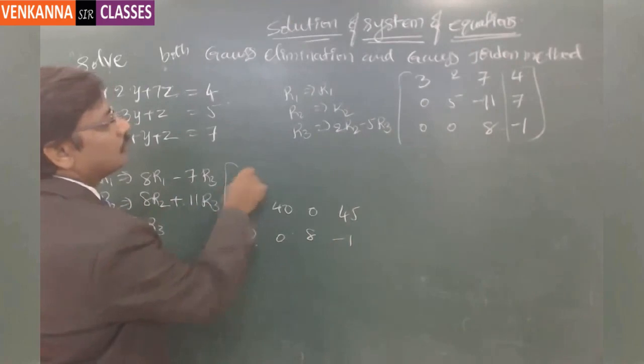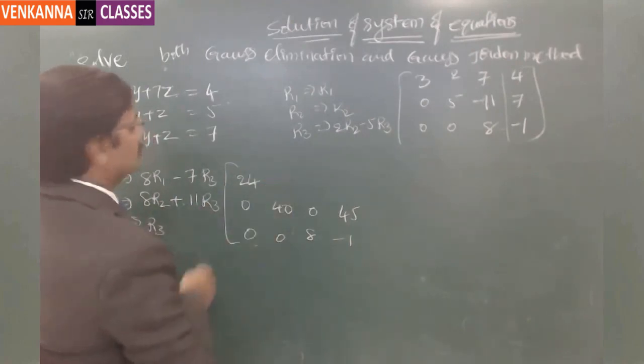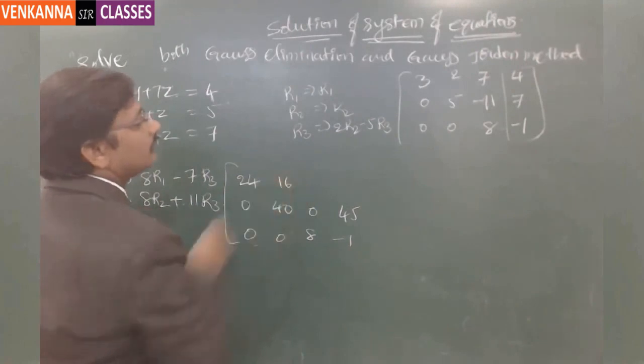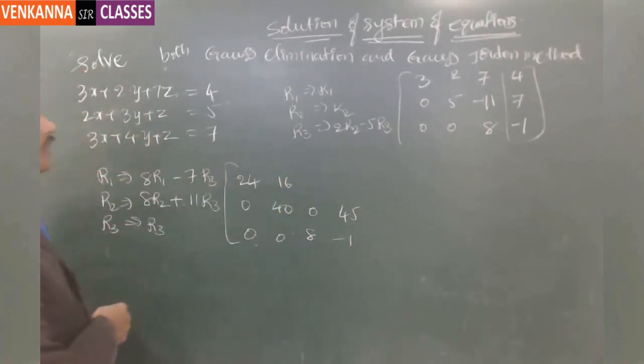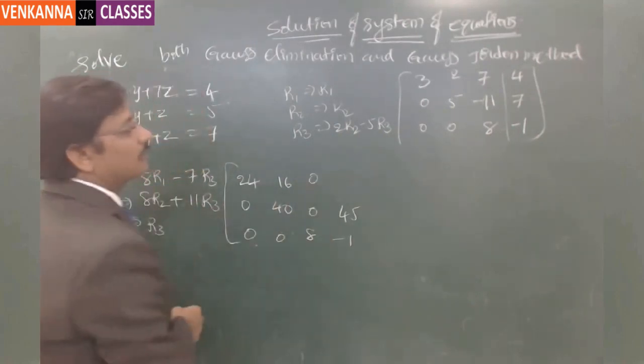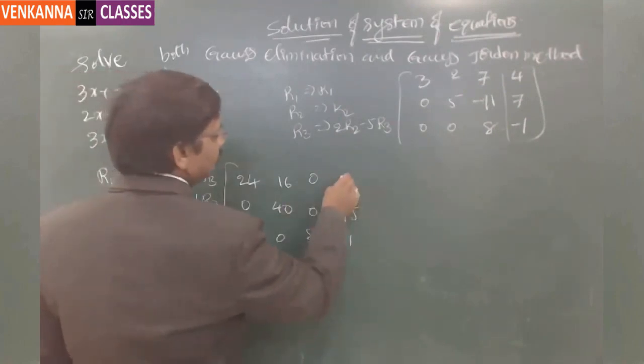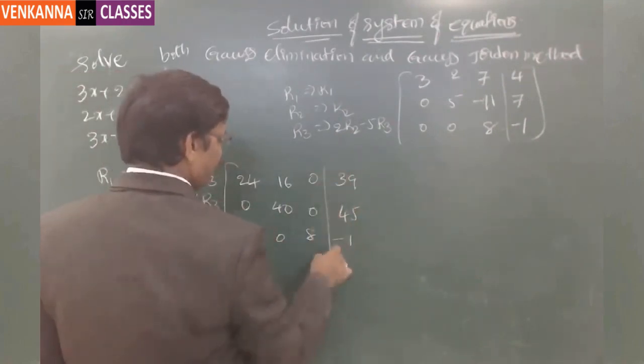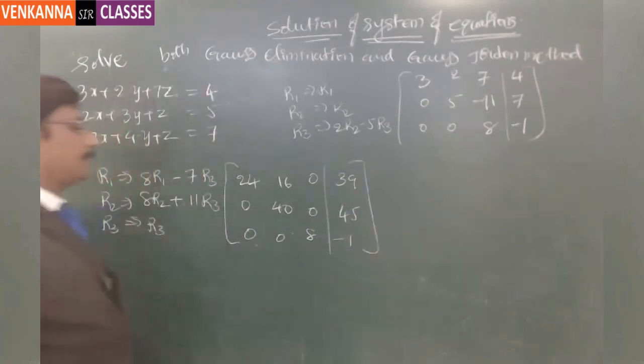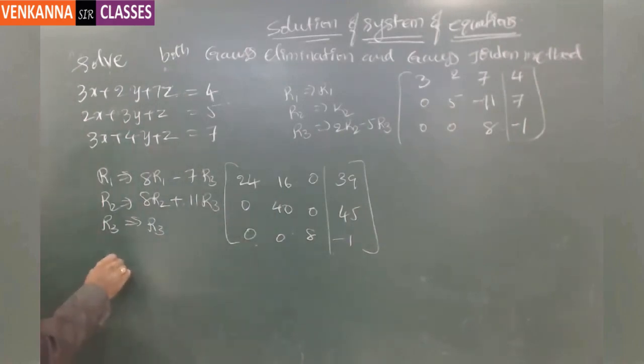This is 24. This is 16, and 8 times of R1 is 56 minus 7 times of R3 is 0. So this is 32 plus 7, this is 39. And then you can calculate the fifth table here, and this is 24, 16, 0, 39, 0.